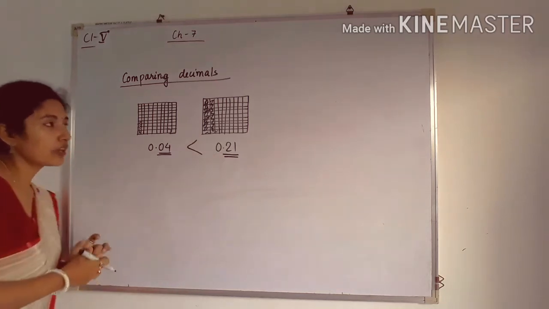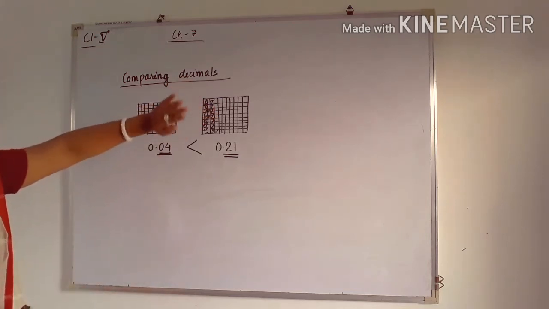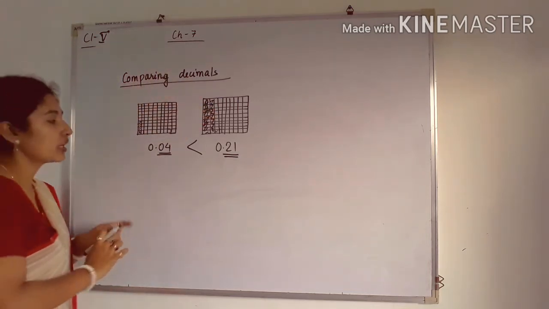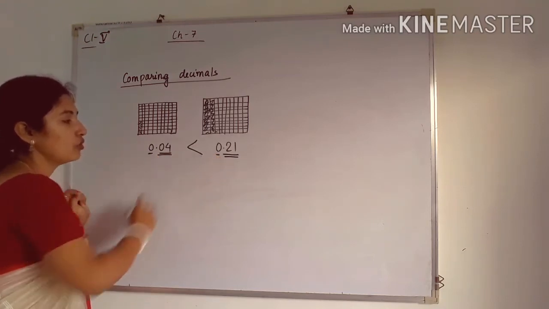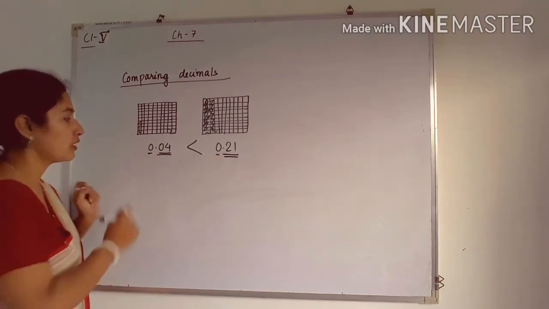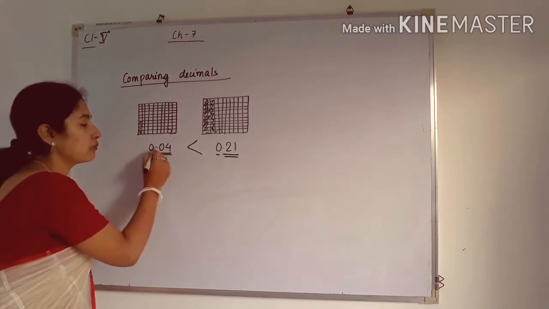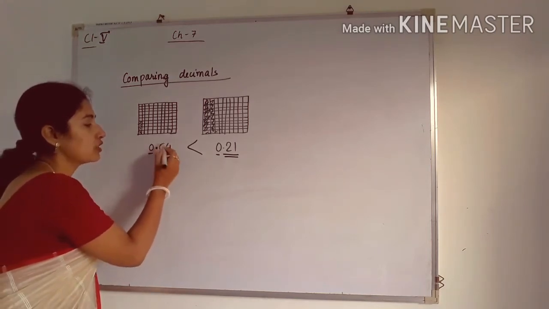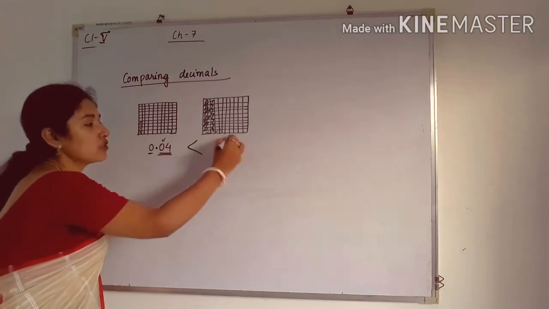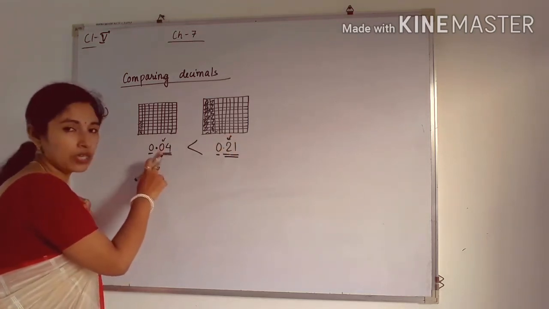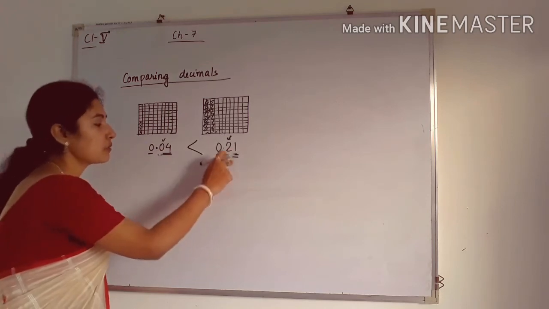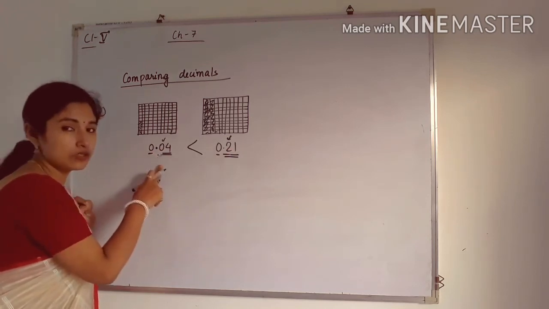So how to check without using the diagram? If the diagram is not there, how to check? First of all, you have to see the whole part. Here the whole part is 0, so no problem. But next you have to see the digit after the decimal. The digit after the decimal here is 0, here is 2. So which one is greater? Yes, 2 is greater than 0. Therefore, this decimal number will be greater than this. Okay.